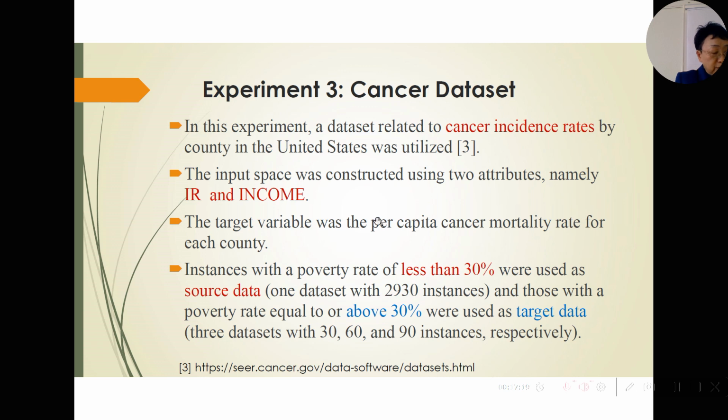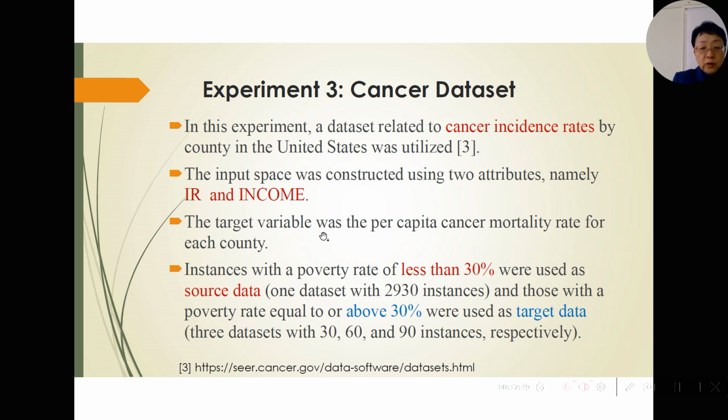In the last experiment, a dataset related to cancer mortality rates by county in the United States was utilized. The input space was constructed using 2 attributes, namely IR and income.